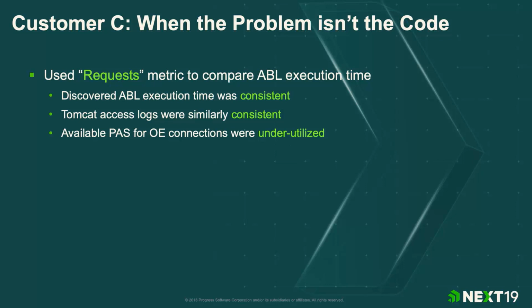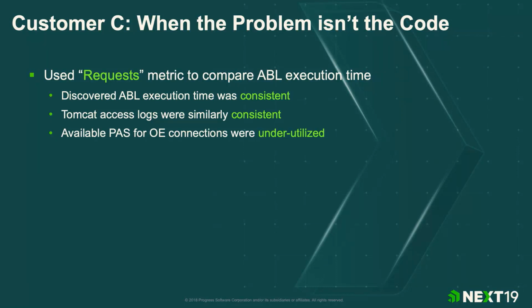It was like a half second or less to actually execute the code. So we knew it wasn't a database problem. The code is behaving consistently. But the Tomcat access logs were still showing that it's 7 seconds to run this code, but ABL says it's only taken a half second. What's going on?